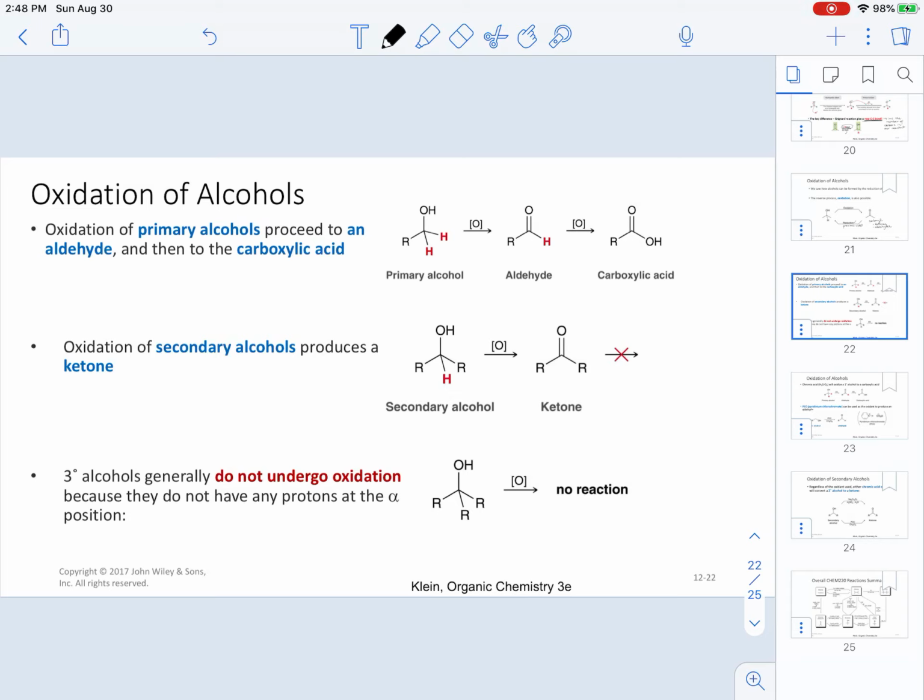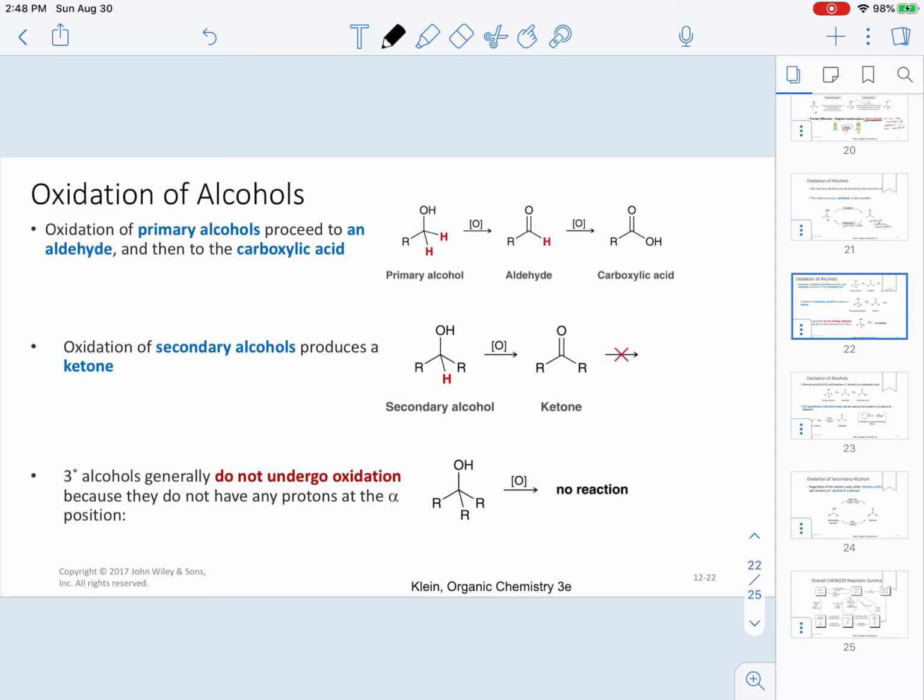Let's learn now the reagents for these oxidation processes. When it comes to oxidation of alcohols, understand that there are 2 main reagents that you have to be familiar with. The first reagent is chromic acid, H2CrO4. The other reagent is PCC.